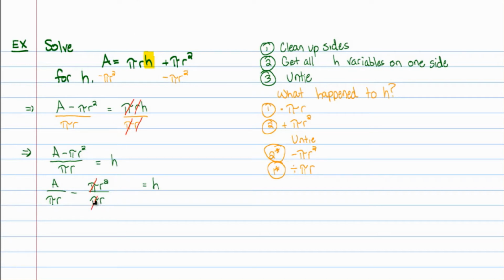Pi over pi is just 1, and r goes into r squared once. So if you did it that way, you would get A over pi r minus r, and that's equal to h. Both very equivalent answers, extremely acceptable in my courses. I don't know your instructor, but I would have to say this is very acceptable.